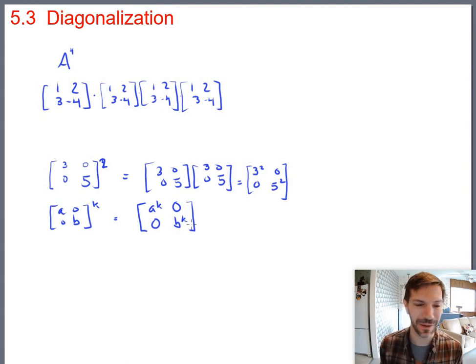This does work for any size diagonal matrix. If you raise a diagonal matrix to a power, the result is just the diagonal entries raised to that power. So there's one particular example where raising a matrix to a power is easy. Again, you can basically do it by hand, and certainly more computationally efficient for your calculator or computer.